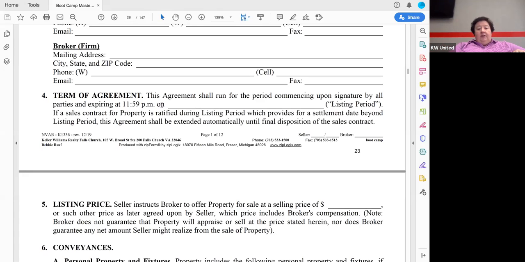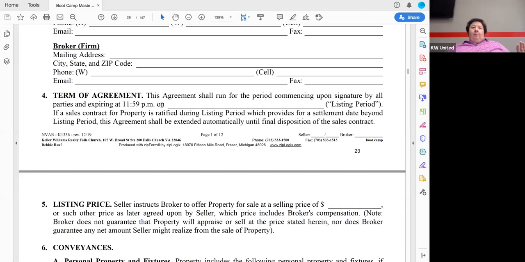Okay, so if a sales contract for the property is ratified during the listing period, which provides for a settlement date beyond the listing period, this agreement shall be extended automatically until the final disposition of the sales contract. So let's say I have a 3-month listing agreement. So it's September, so we've got October, November, and December 31st.